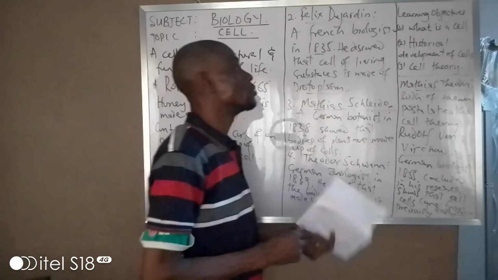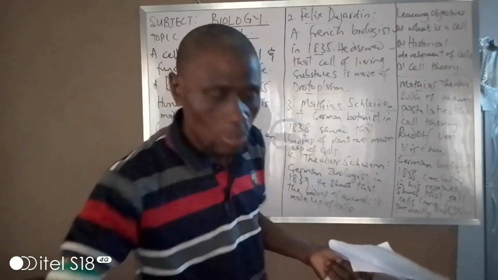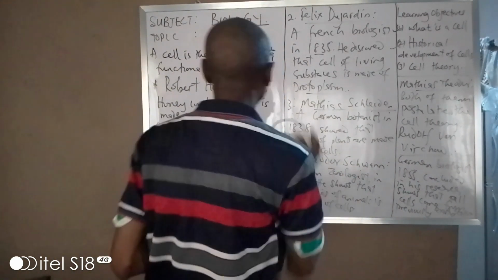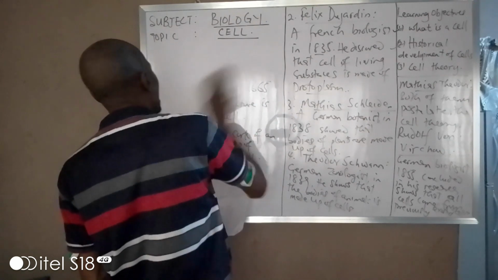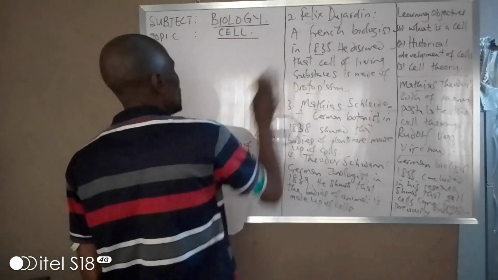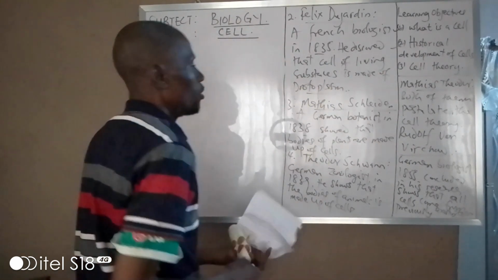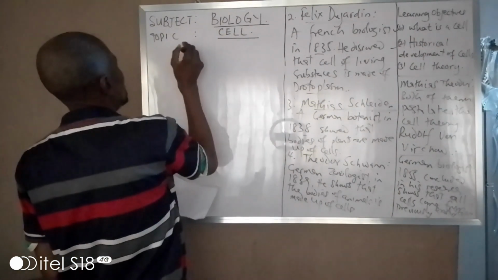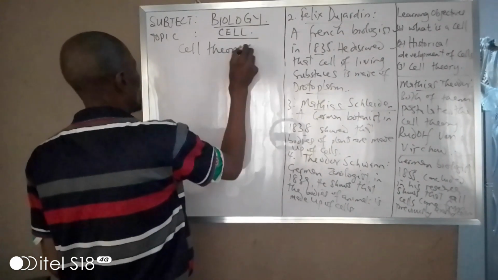Now the last part of this is what we call the cell theory. What is cell theory? Let us look at it now. The theory was developed from other research or works.